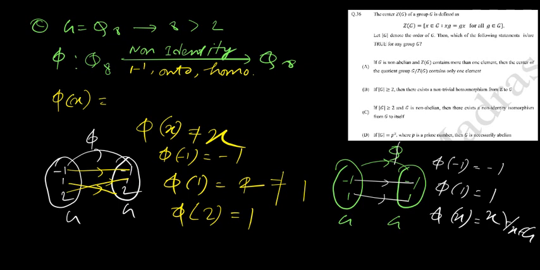So I will take phi x equal to 1 by x. This is not equal to x, so phi is non-identity. So the first condition is satisfied. Now I will check that phi is one-one and then onto. Here phi x equals 1 by x.